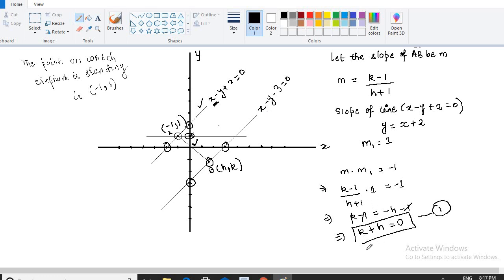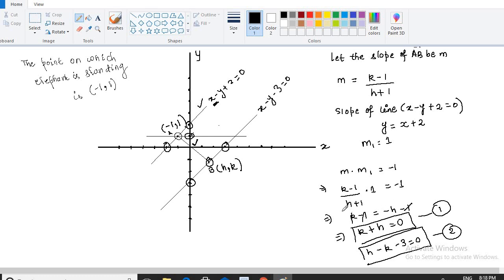So it will be something like this: h minus k minus 3 is equal to 0. Because (h, k) lies on this line, it will satisfy that equation too. So I have got these two equations. After simplifying these two equations, we will know the value of (h, k).